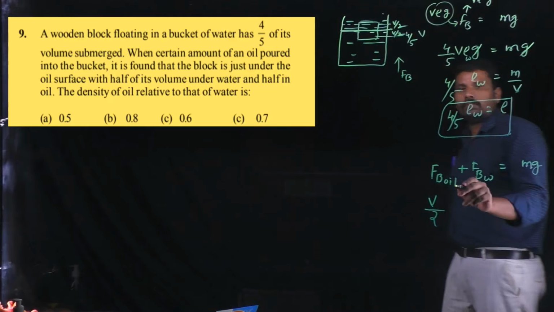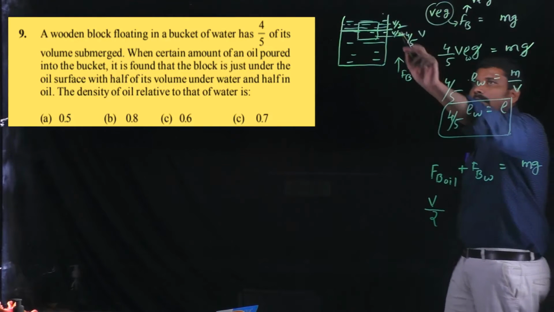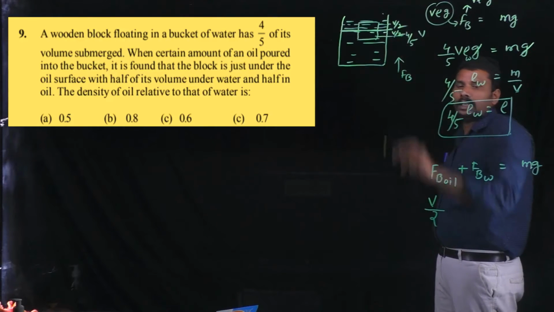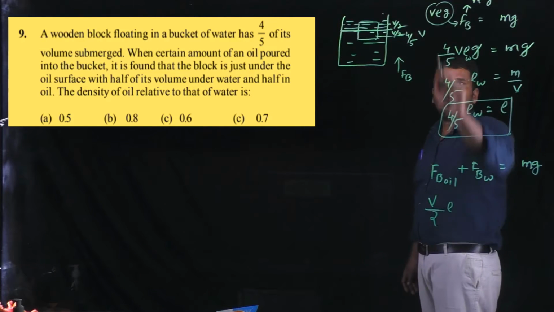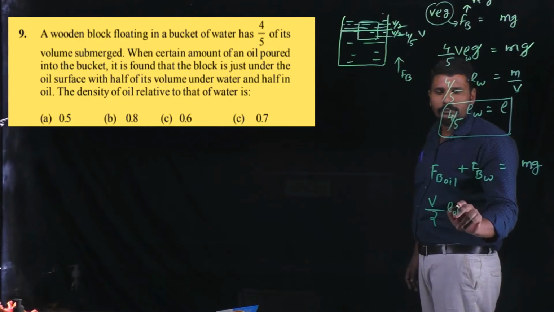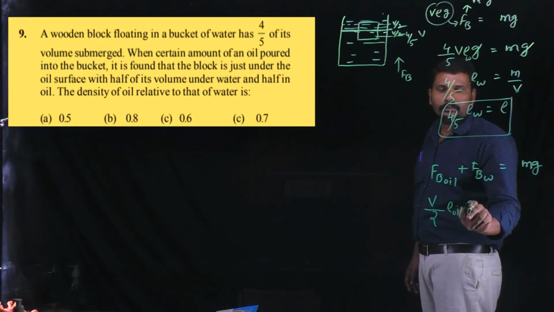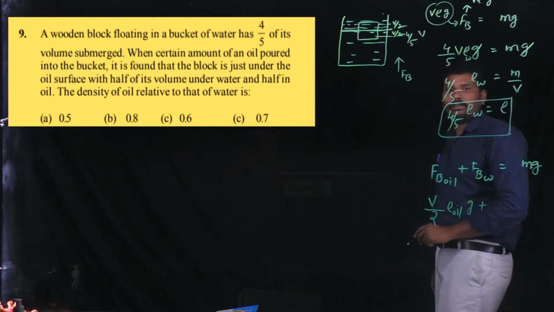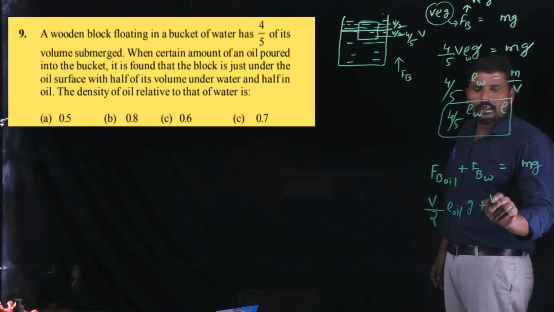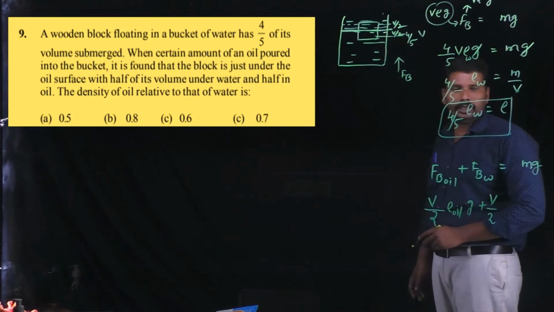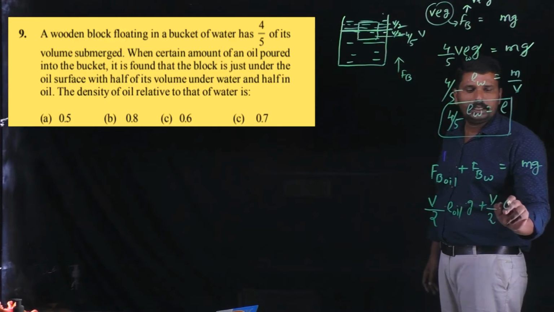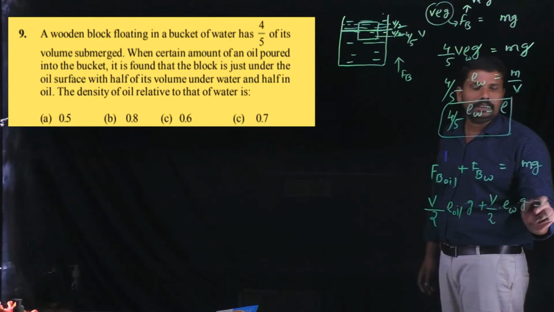Here the buoyancy force due to oil is, since half of the volume is in the oil, V by 2 into rho, the density of the oil, and g, plus the buoyancy force due to water. Half of the volume is in the water, V by 2 and density of water and g, is equal to mg.